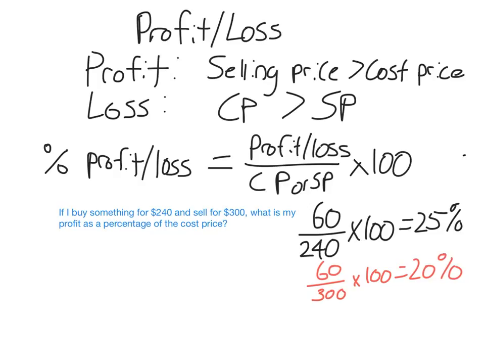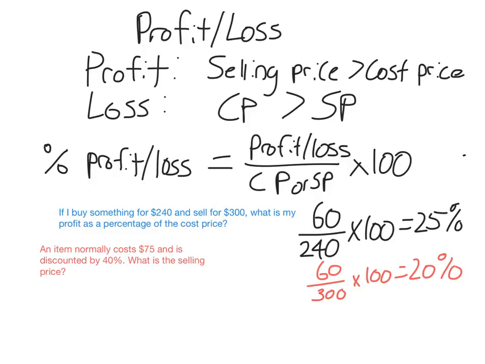Okay? Now, you also need to be able to mark up and discount, but that's just an application of percentage increase or decrease. So let's do a quick example. So if we do this one here, an item normally costs $75 and is discounted by 40%, and I want to find the selling price.